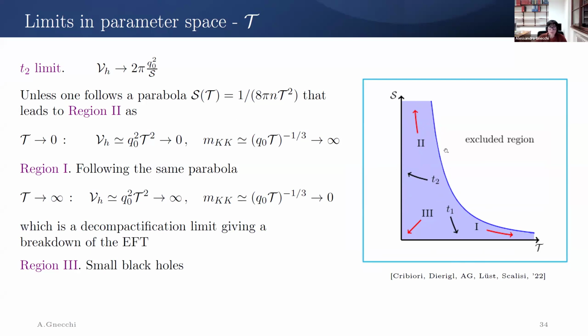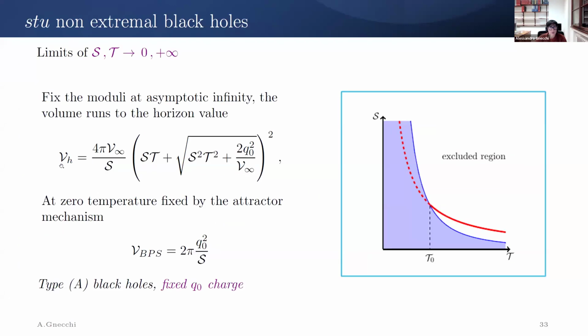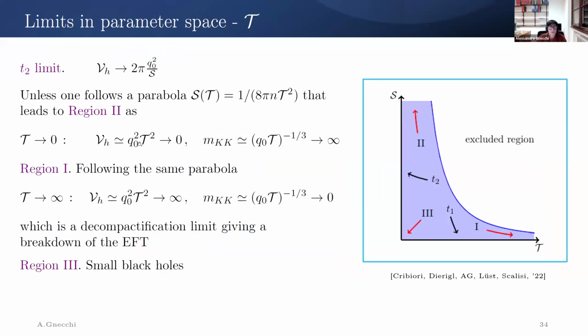Unless one follows a particular parabola, for which I need a slightly different discussion, the result is the same. Taking this expression of the volume of the internal manifold as I reach the horizon of the black hole, this volume goes to zero when the temperature goes to zero at fixed entropy. This means that the Kaluza-Klein masses go to infinity, but it means that the winding modes go to zero.